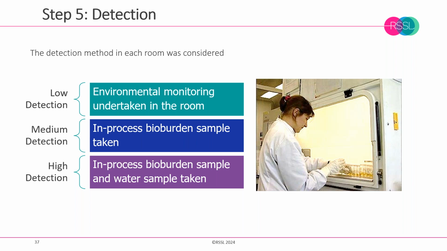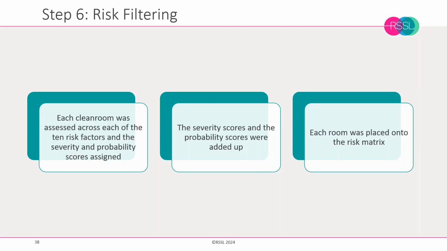And then if we also have the ability to take samples of water, or we can test things going into product like buffers, then we have a lot more information if we can do that, plus intermediate bioburden, plus the environmental monitoring. So we have a slightly higher detection of our perceived level of risk. So that's all the different risk factors.